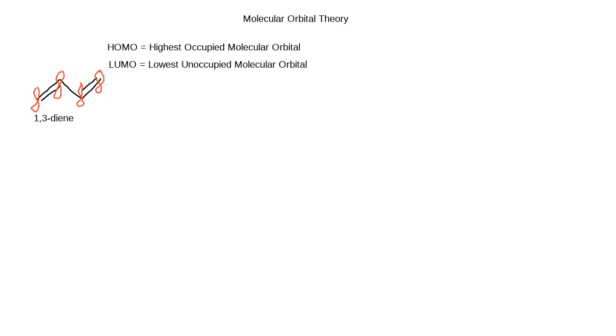For example, if we drew something like this, we would draw only pi orbitals on these two carbons and these two, and not these two because they cannot resonate onto this without a charge.